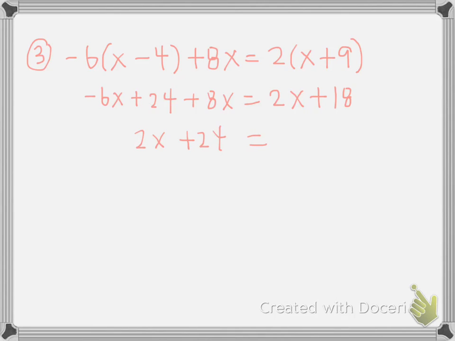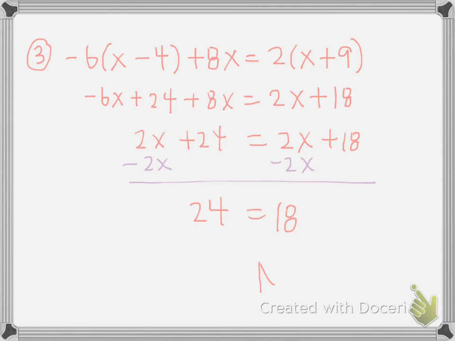Now we're going to combine like terms on opposite sides of the equal sign. So we're going to move our variables together. Well, what happens there? That's going to go away, so I'm going to be left with 24 is equal to 18. Is that a true statement? That's not a true statement, so this is going to be no solution.